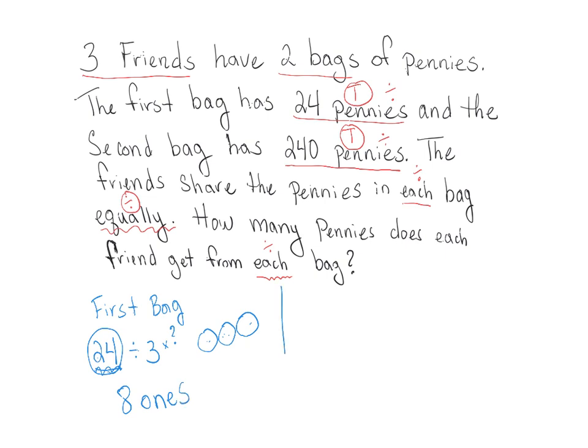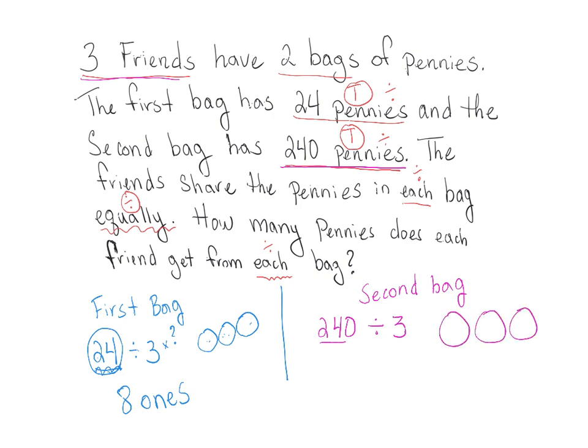So in the first bag, each friend is going to get 8 ones. All right, now what about the second bag? Well, the second bag has 240 pennies, so that's our total. We're splitting them up among 3 friends. We have to divide them up equally into 3 groups. So now this is going to be a lot more. This is 240 that we need to split up equally into each group.